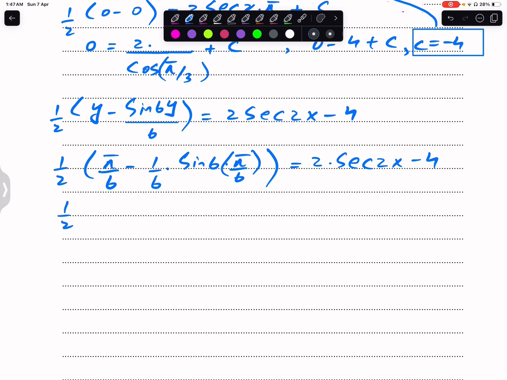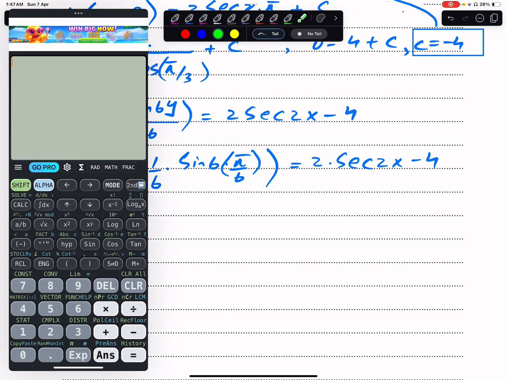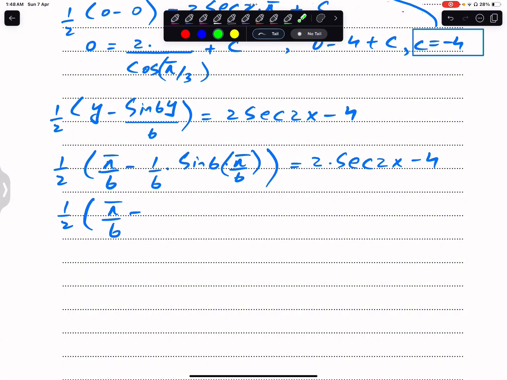So 1 over 2 pi by 6 as it is. Please let's do a little bit of mental maths. 6 will be cancelled out with 6. Sine pi, if you do it using a calculator, sine pi will be 0. So this is simply 0. So 2 sec 2x minus 4.